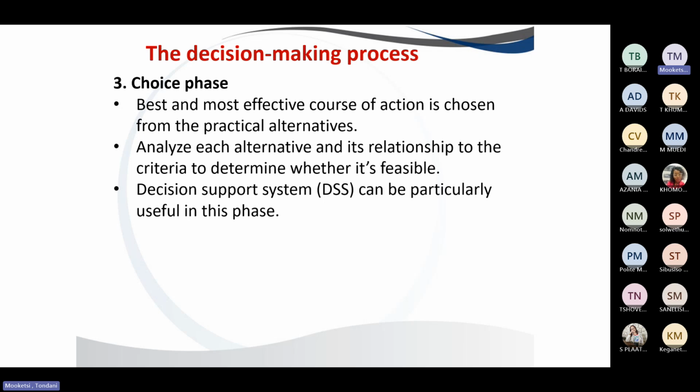This is where the solution is chosen, and it analyzes each alternative and its relationship to the criteria to determine whether it's feasible. Decision support system can be particularly useful in this phase. So this is where technology can also be useful.